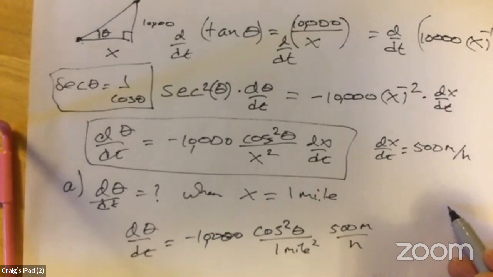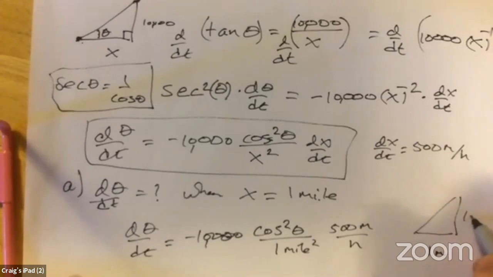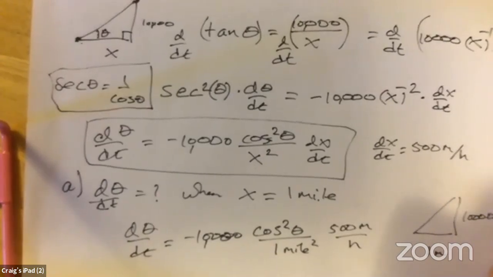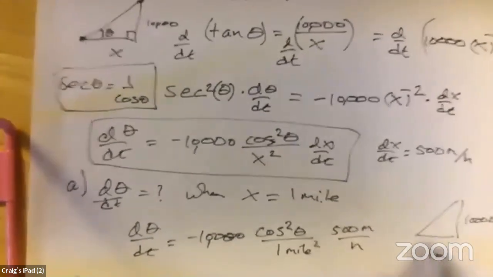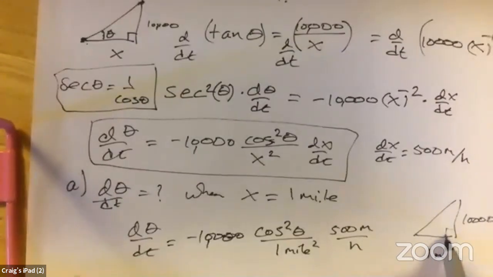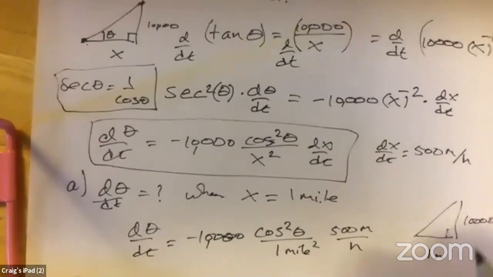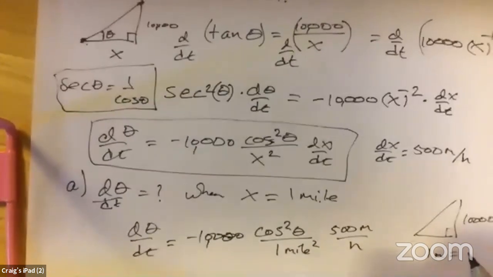Okay, so when I am 1 mile away and I am 10,000 feet above, well, what does that even look like? Is this triangle approximately correct? Well, what is 1 mile compared to 10,000 feet? And we need to know that. Well, 1 mile is 5,280 feet.